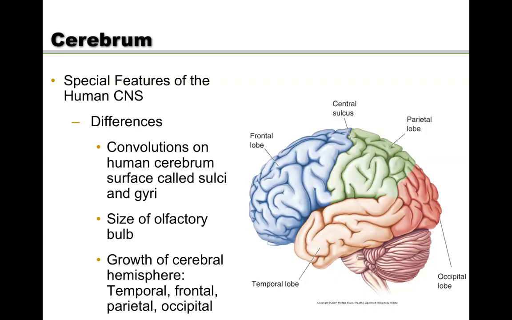So let's learn a little bit about these lobes. The frontal lobe lies deep to the frontal bone. You learned that in the skeletal system, and it basically forms the anterior part of the cerebral hemisphere.